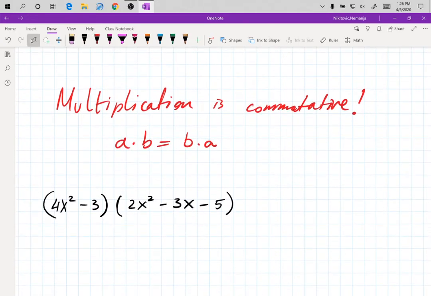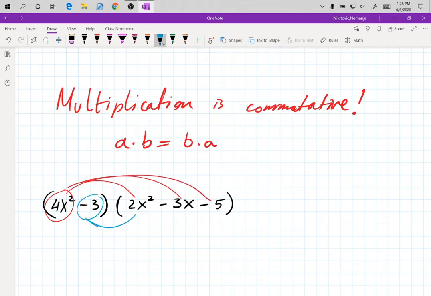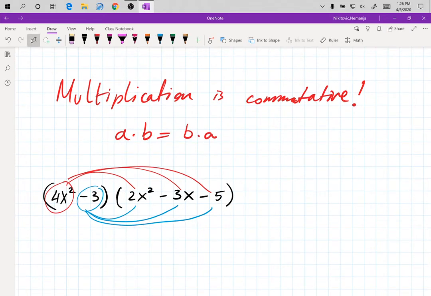And if I FOIL now, which is what we are used to from before when I only have 2 in front, I will still get the same 6, but I'm not involving 3 colors. I'm just going 4x squared throughout and then negative 3 throughout. So I think it's easier.